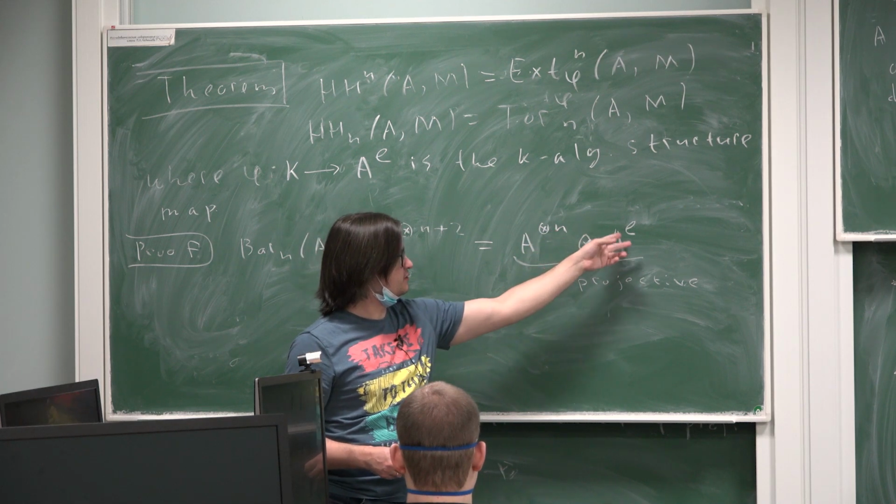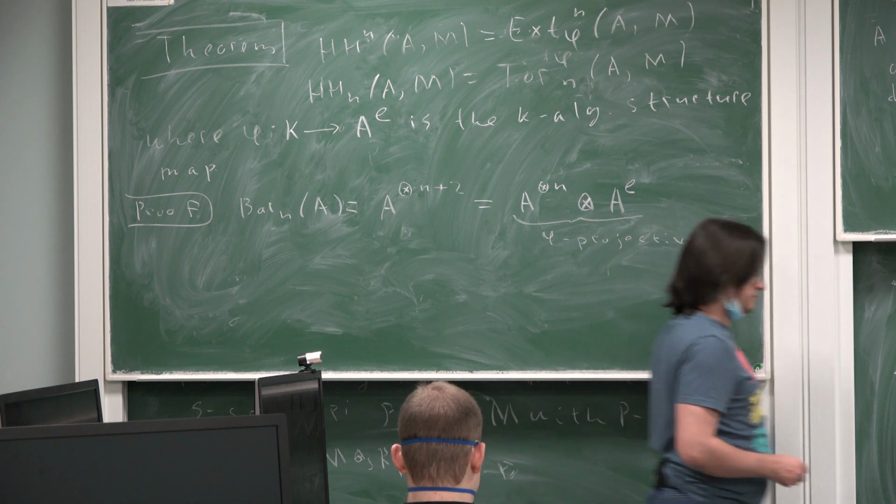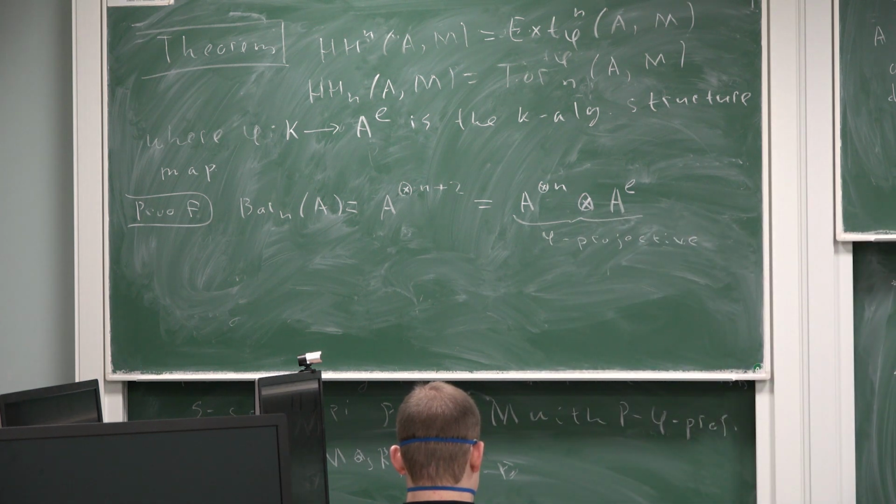If n equals to 0, then it is AE, then it is R projective, but then it is phi projective too, because the universal property is satisfied.